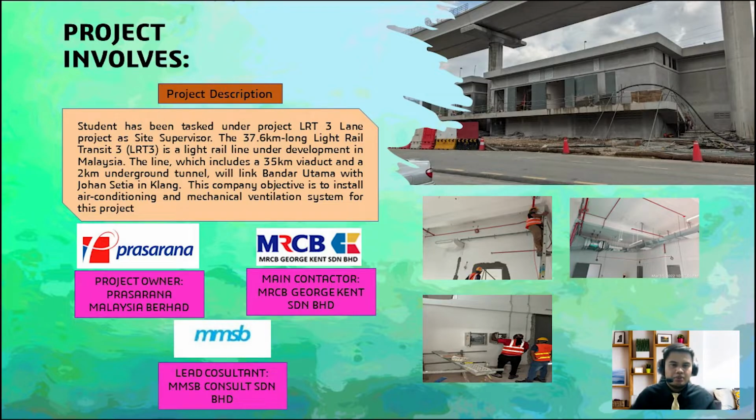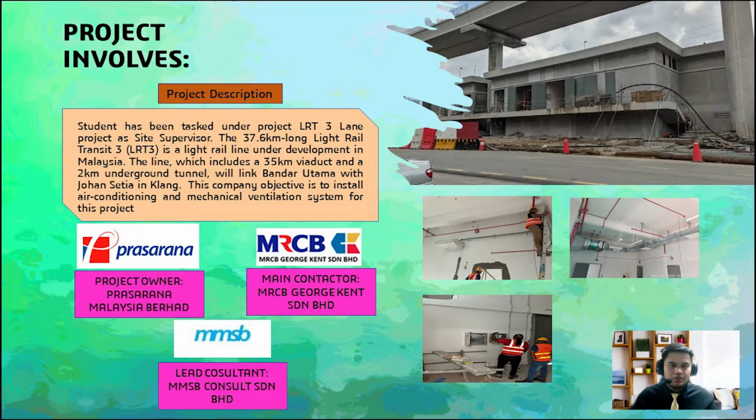The 37.6 km long light rail transit 3, LRT 3, is a light rail line under development in Malaysia. The line, which includes a 35 km viaduct and a 2 km underground tunnel, will link Bandar Utama with Johan Setia in Klang. This company's objective also is to install the air conditioning and mechanical ventilation system for this project.